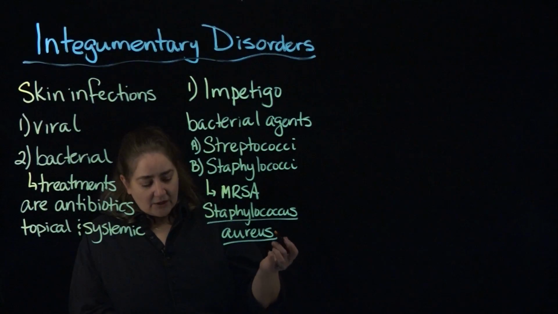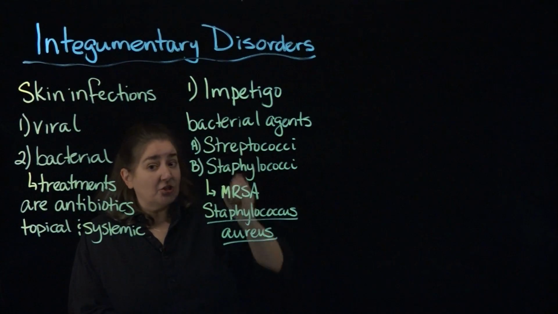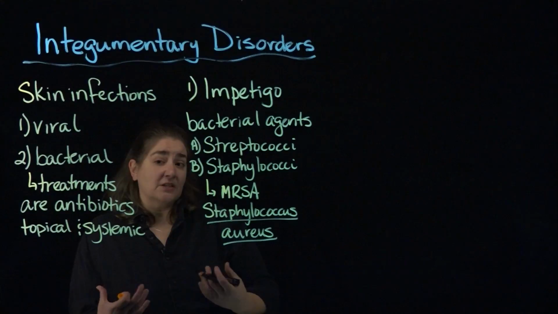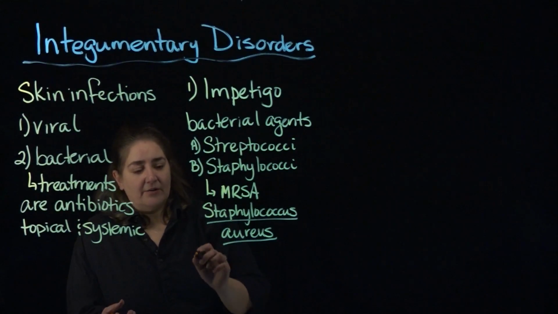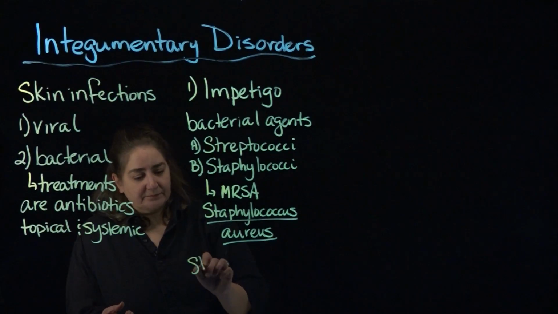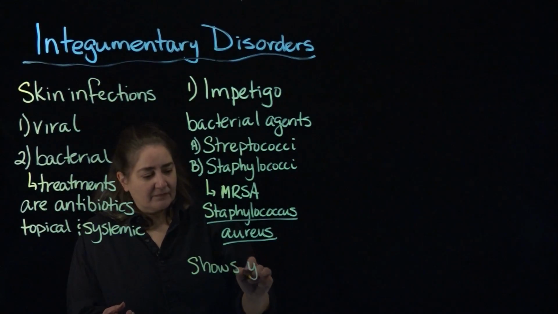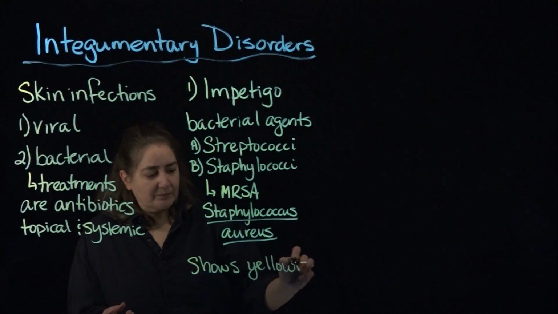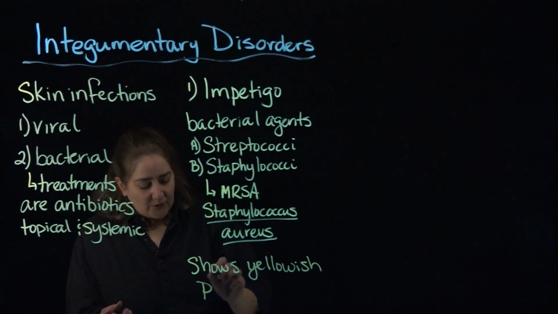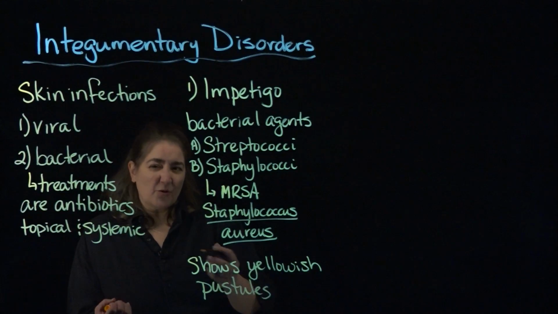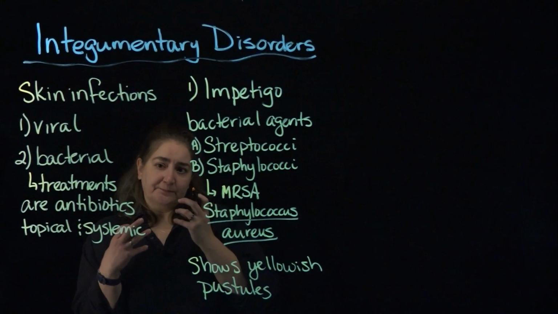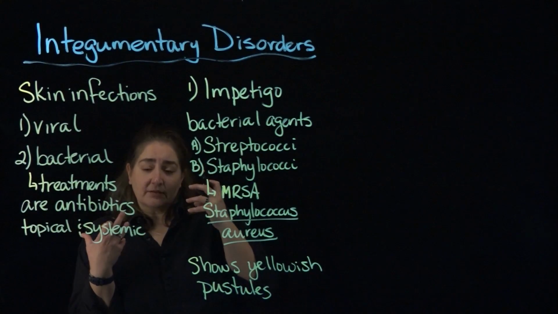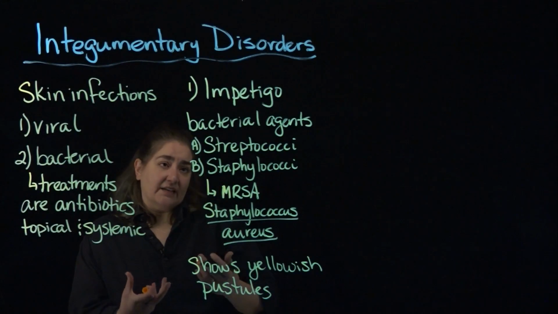But typically impetigo is an acute infection, acute meaning it comes on fairly quickly. It also tends to have yellowish pustules on the skin. Always a fun word to say, pustules. So it kind of looks like an extensive acne infection, but it's not acne.